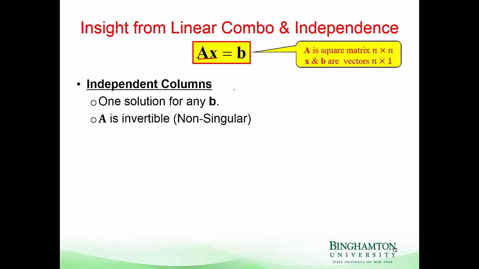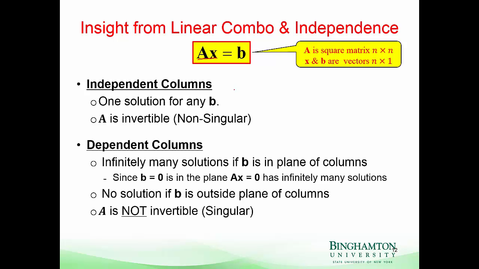If A has independent columns, then there's one solution, in other words, a unique single solution for each B. For any B you give me, there's one and only one X that will solve that equation. And we say that A is invertible or non-singular. Those two terms mean the same thing.